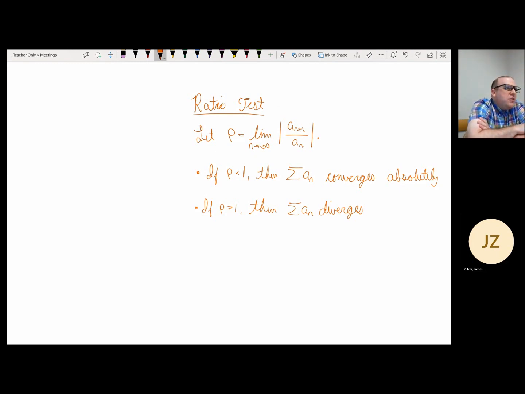If the limit is greater than 1, the series diverges. If the limit is 1, the test fails. That means you have to try something else.